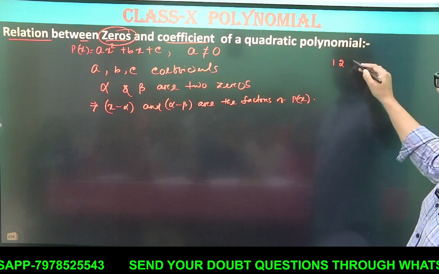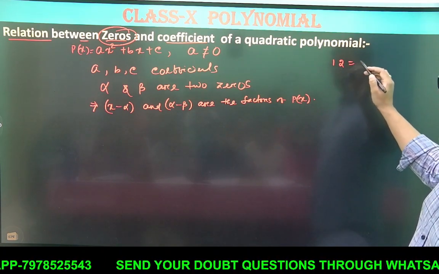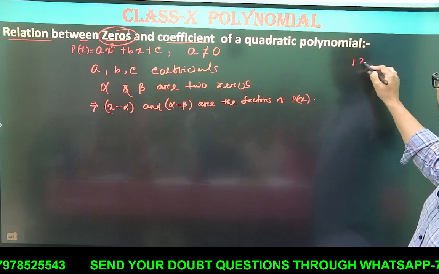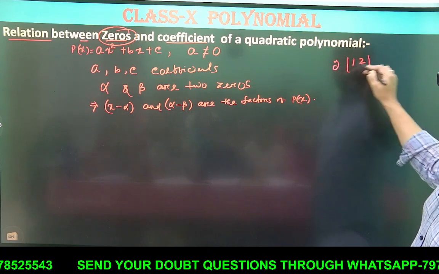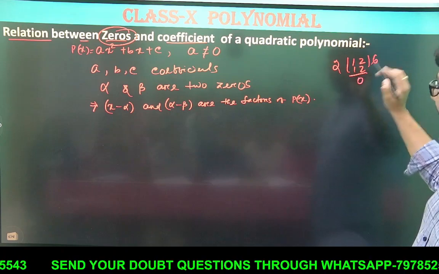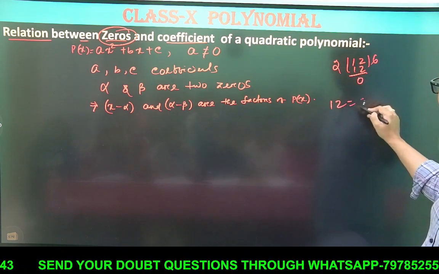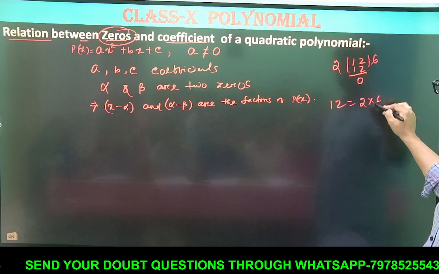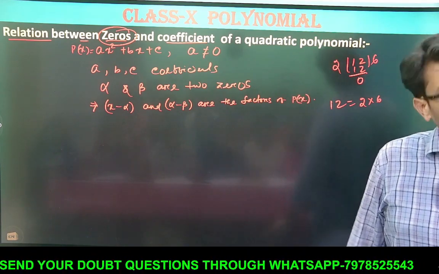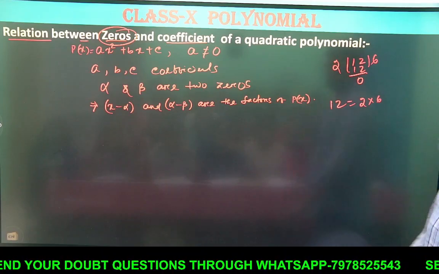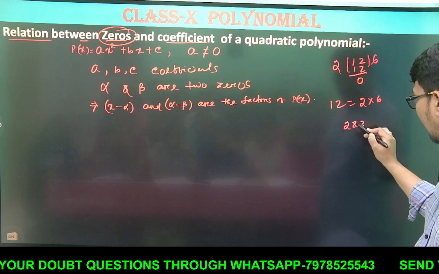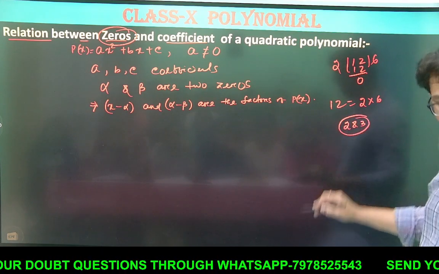Or if I divide 12 by 2, the remainder is 0. It means 12 can be written as 2 into 6. Why? Because 2 is a factor of which one? 12. Right? Clear?